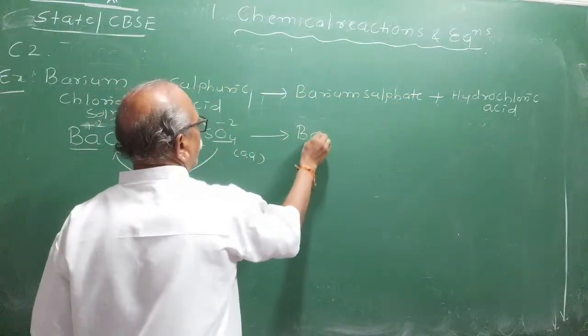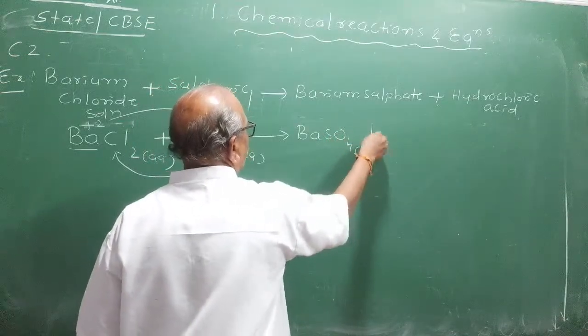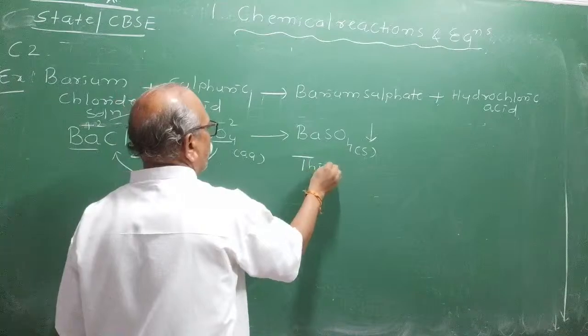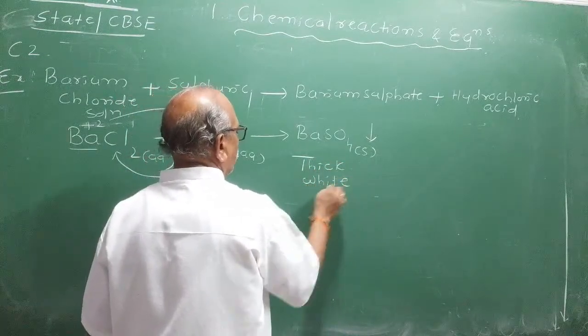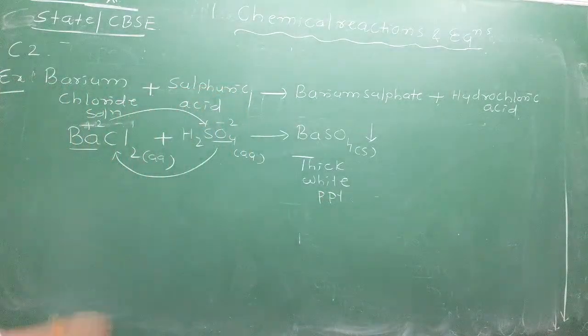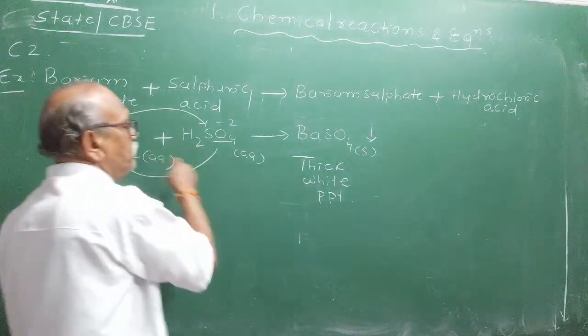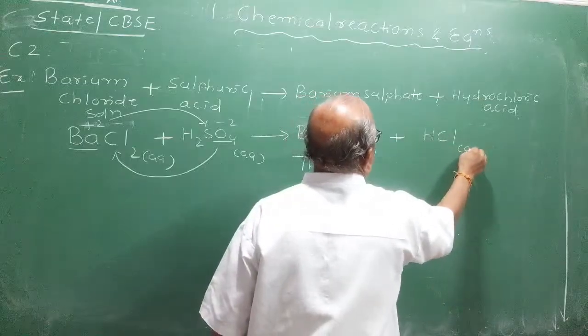It is a thick white precipitate, solid, arrow mark downward. It is a thick white PPT. Precipitate is formed, barium sulfate, insoluble. Therefore, it is also a double displacement reaction, plus hydrochloric acid HCl aqueous.